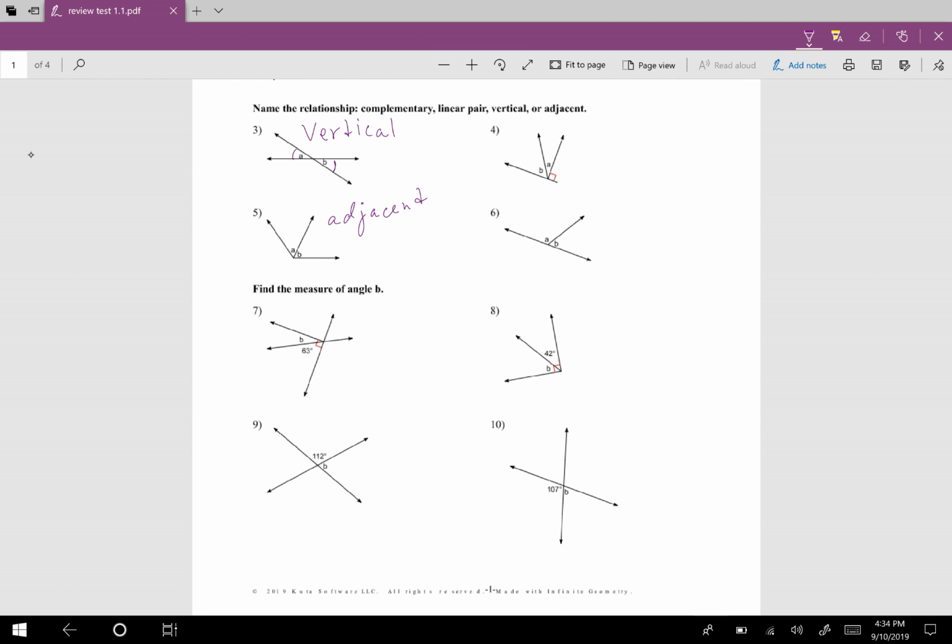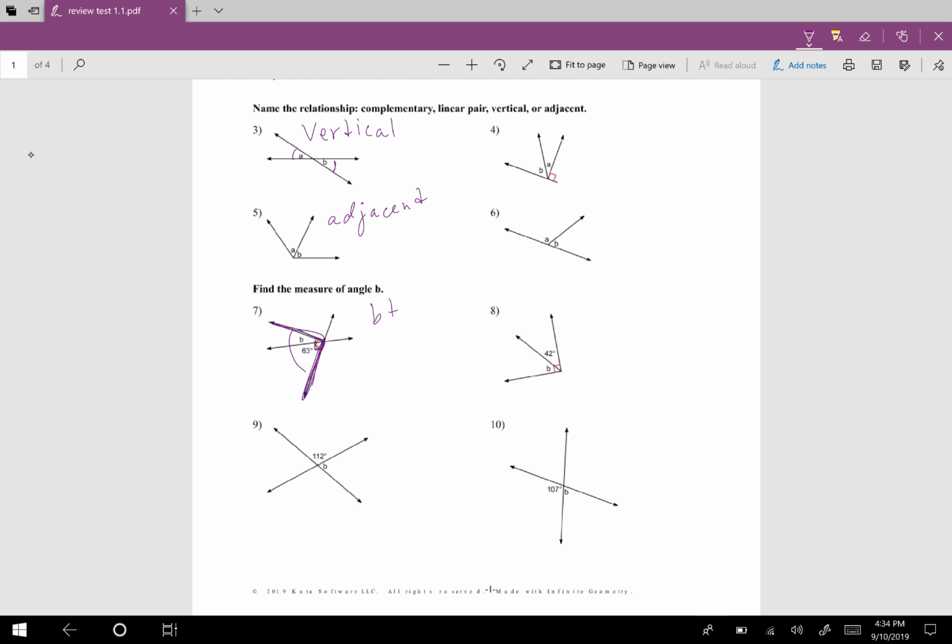Alright, the next part here, it says find the measure of angle B. Okay, we have to use what we know in order to find the missing piece. So in number 7, we see that this section right here is a right angle, and we know that because of the box. And we see that we have an angle B and a 63-degree angle that's making up that right angle there.